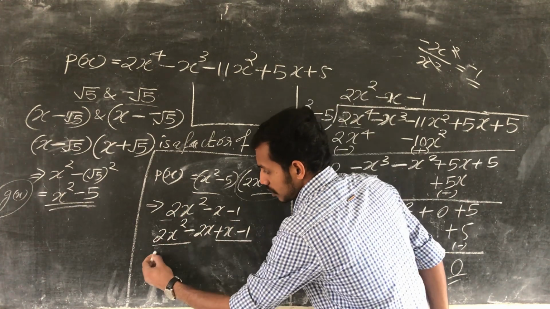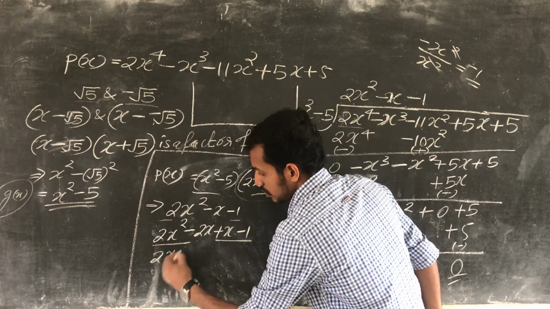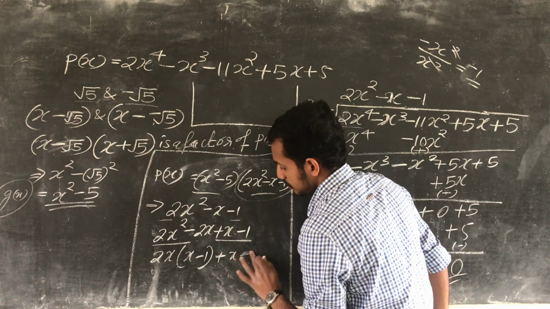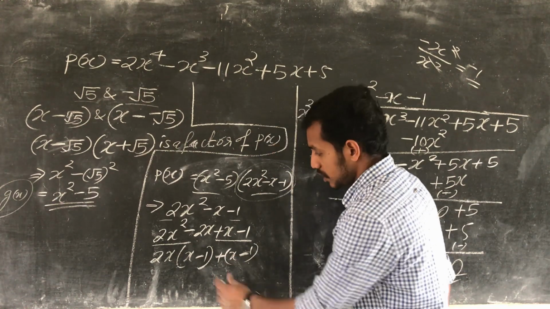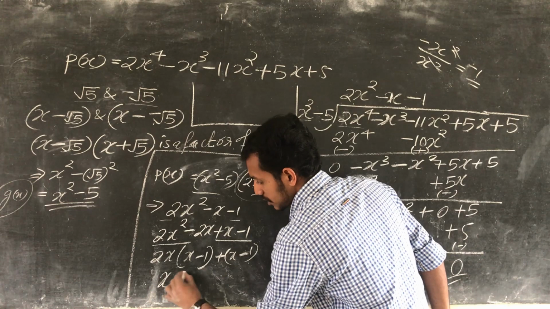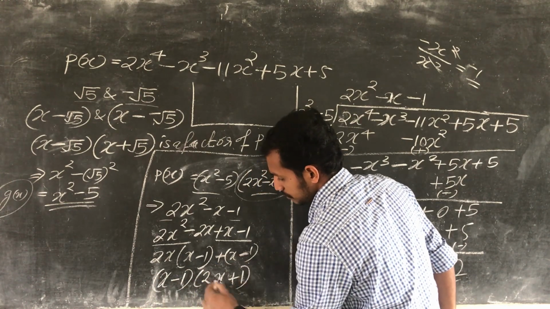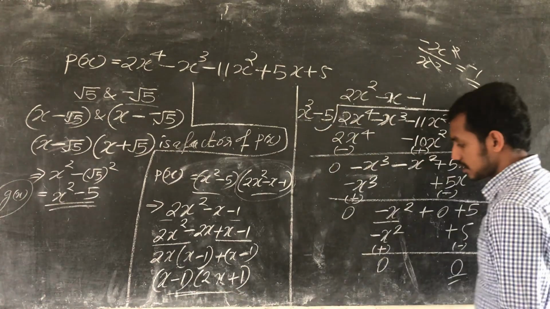Split it. 2x is common, taking outside: 2x into x minus 1 plus x minus 1. x minus 1 is common, taking outside: x minus 1 into 2x plus 1. These are the two factors.